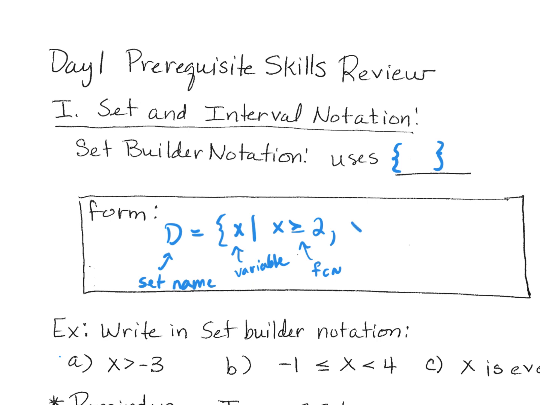In this case, where x is an element of, that little E means is an element of, in this case, Z. Anybody know what the set Z is? Anybody remember? Integers. Z is for integers, okay? Like -1, -2, 0, 1, 2, 3.